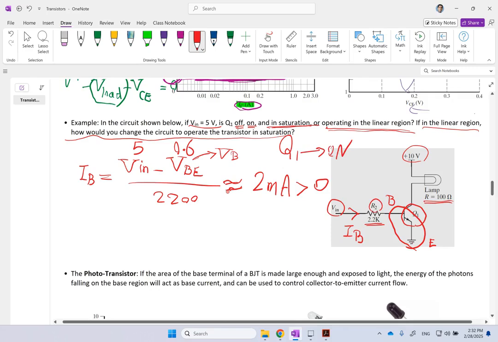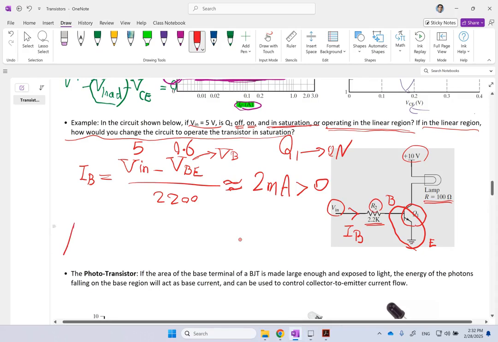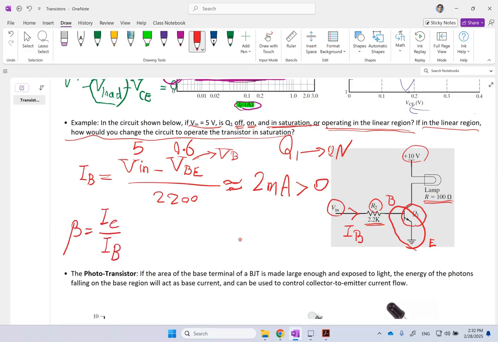But does it operate in the saturation region or does it operate in the linear region? That's the next thing we need to find out. For that, we need to find beta. Beta is IC over IB. IB I already found, 2 milliamps. So if I can find IC, I can find beta and then make a judgment. But how do I find IC? Well, IC is this current here.